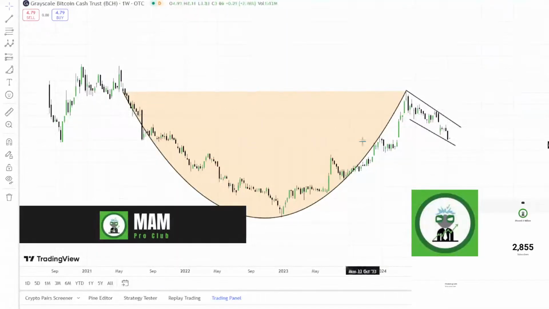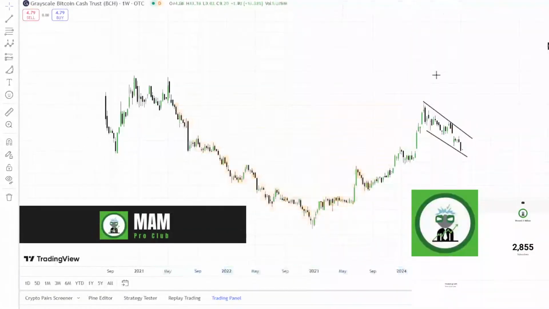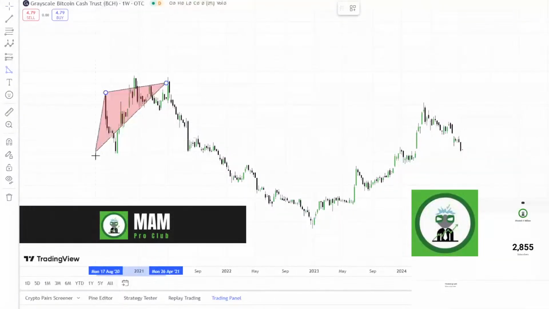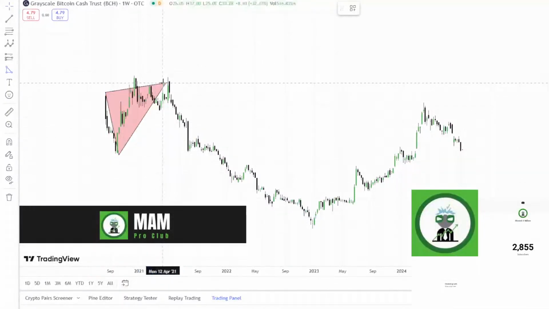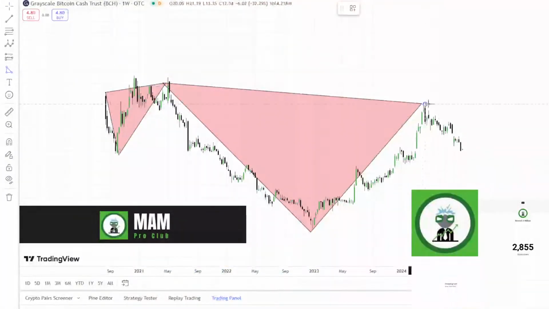There's potential for it. But if I was trading this, I would be more inclined to say that it was something like, there's so many different patterns that you can have, something like this. Potentially that.